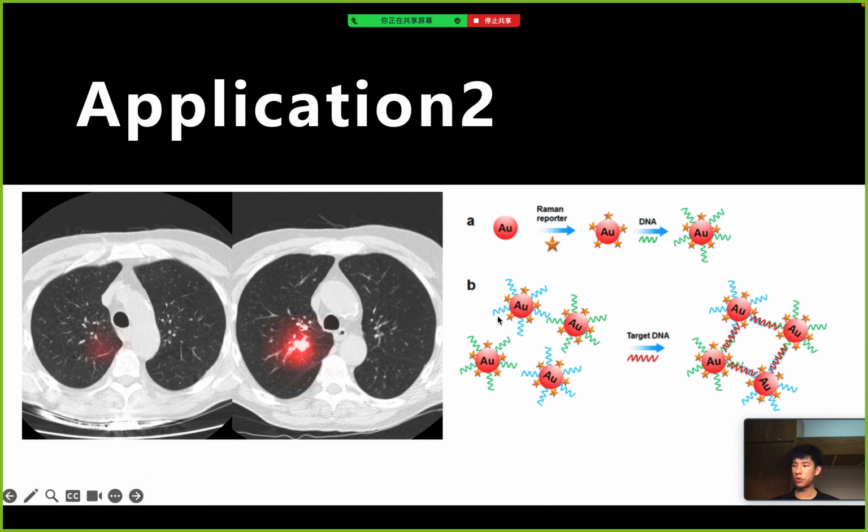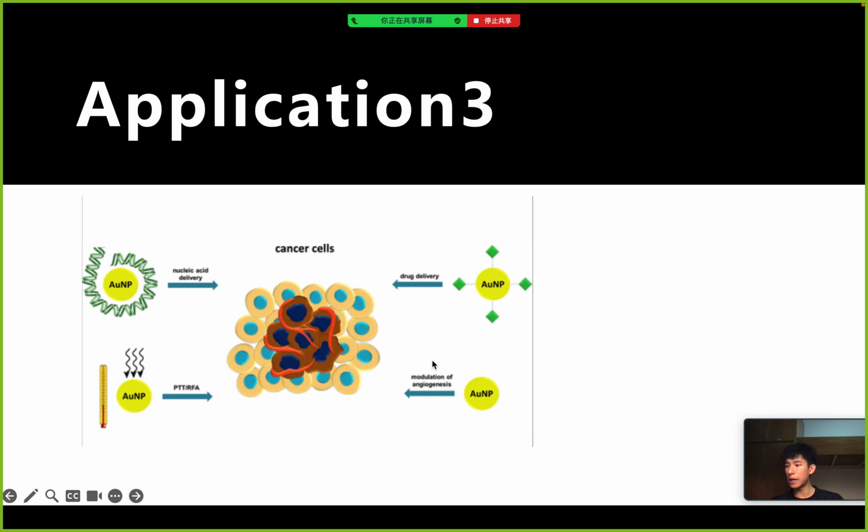And application 2, regarding the excellent biocompatibility, they can be used for viral detection and diagnostic application for diseases such as cancer. They inject the gold nanoparticles in the spot that may be suspected of having disease. It's shown here as the red spot. And application 3 is treating cancer.